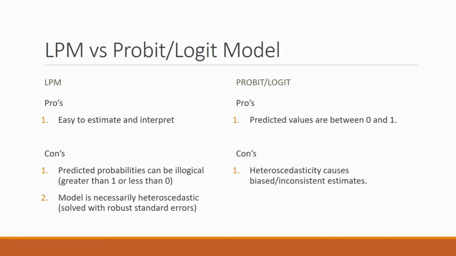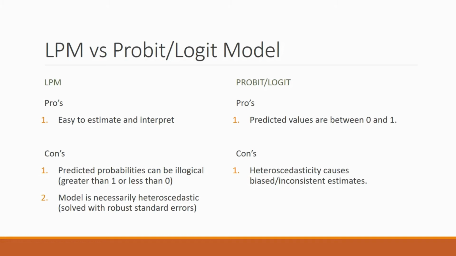Now, if you remember from lecture 7, I said that when we have heteroskedasticity, that causes our standard errors to be biased, but does not cause our coefficient estimates to be biased. So heteroskedasticity, when we're using ordinary least squares, when we're using a linear probability model, for example, is not a very serious problem.